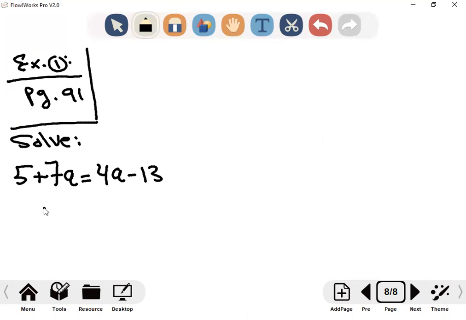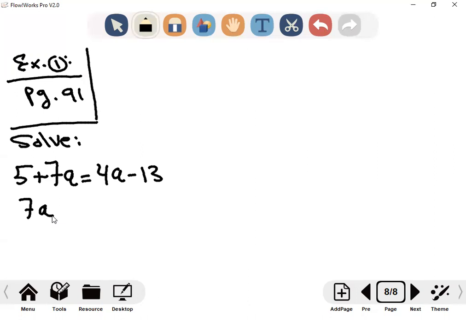Fine. Now, to make it easy, I will keep the variables on the left side. So this 5, do we need it on the left side? No. But 7a, I want this to stay.